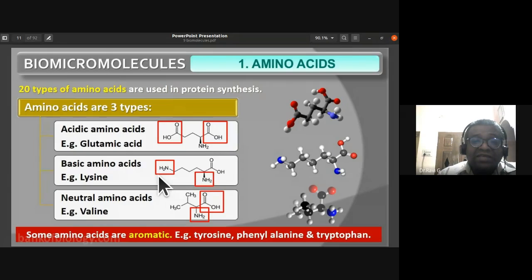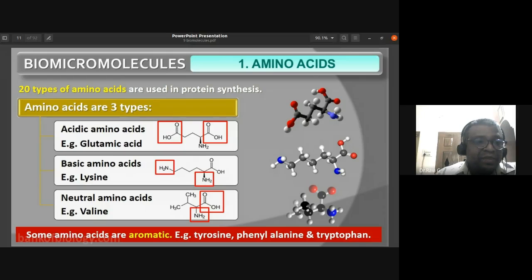In basic amino acids, there would be two amino groups and one carboxylic acid group. In neutral amino acids, there will be one amino group and one carboxylic acid group. That is how, based on the number of functional groups, amino acids can be acidic, basic, or neutral.